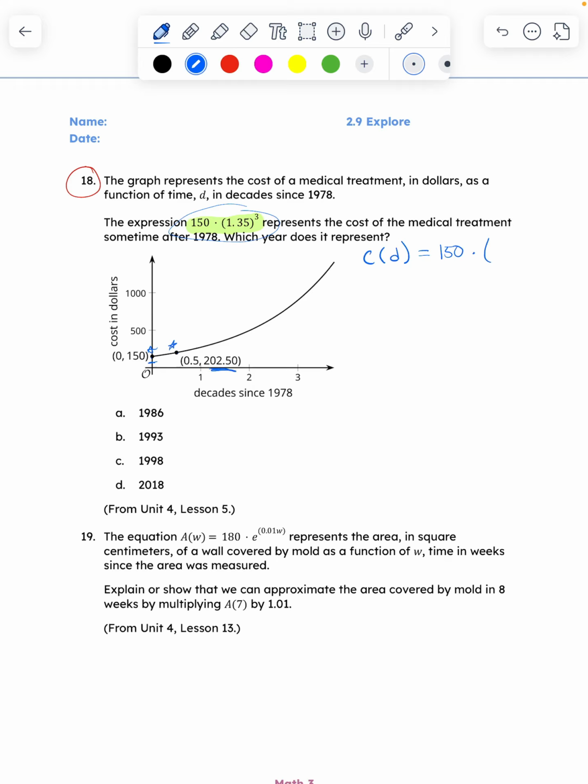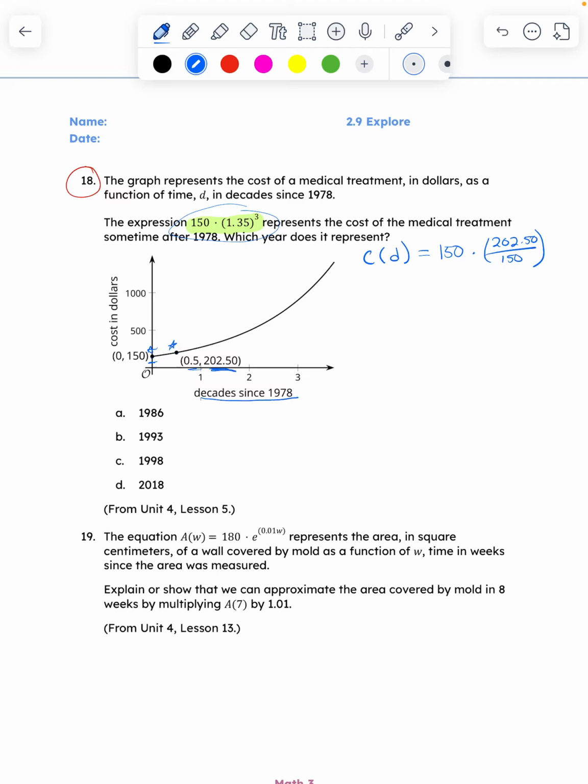I'm going to divide my y values, and I'm always going to use my rightmost value in my numerator because I'm always moving from left to right. 202.50 over 150. And then over how many decades, right, is that happening? It's over half a decade because that's my 0.5 in my x term, and my whole x-axis is in decades since 1978.